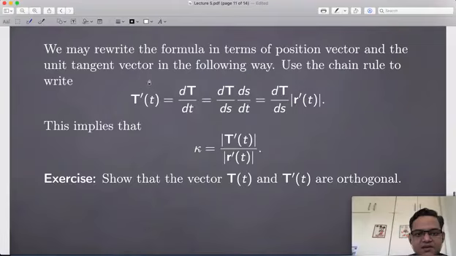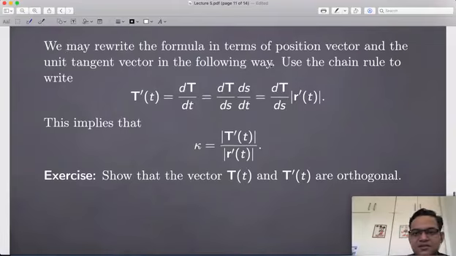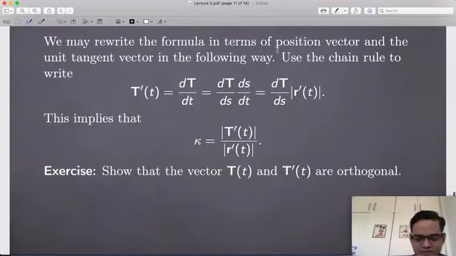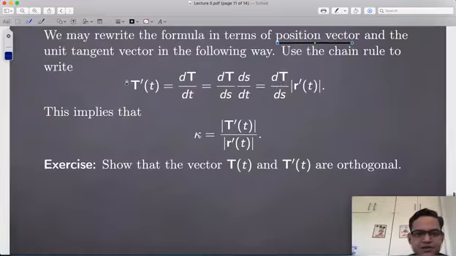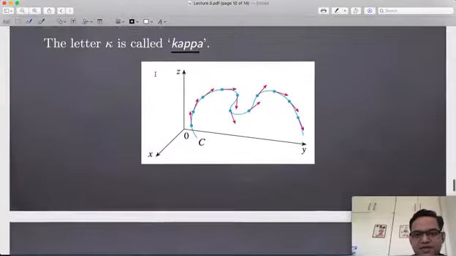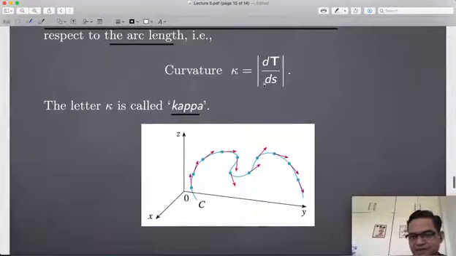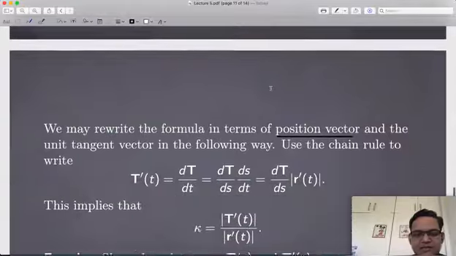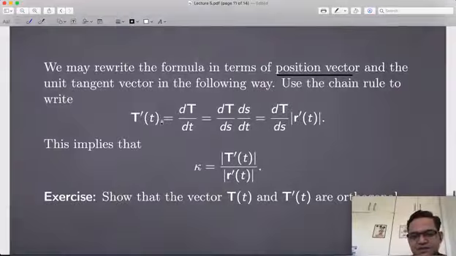As I said, we will try to express this formula in terms of the position vector. See, what we are doing here is computing the derivative of the unit tangent, but we are doing it with respect to arc length. Technically we would like to do it in terms of the position, which is the t parameter.